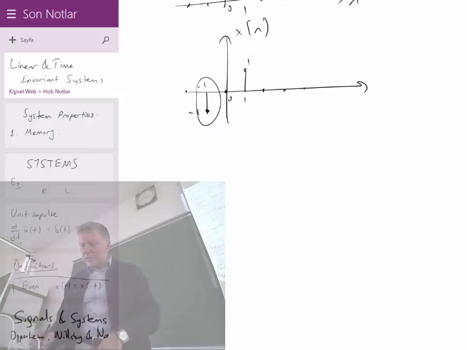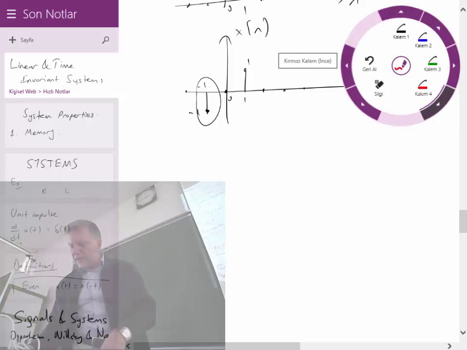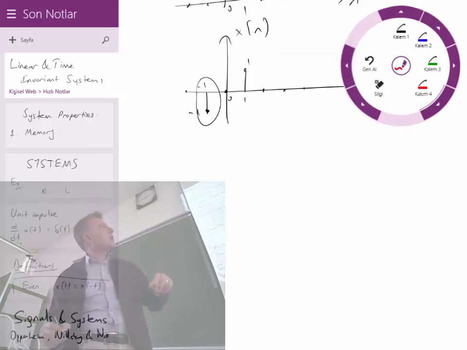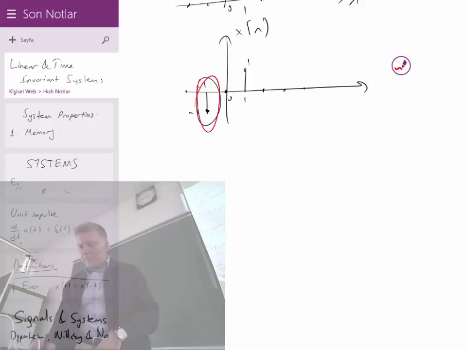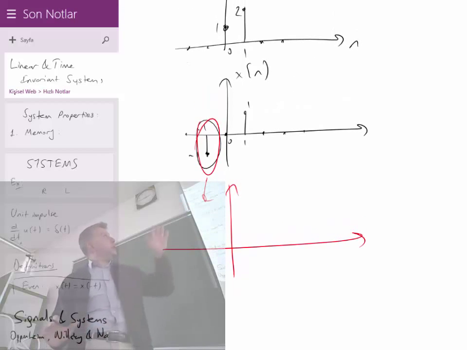The response to this first one, it may be a good idea to use color, but the color is not very visible from the projector, but it will be visible in the videos. So the red one will produce a response like this. The one shifted version of the top to the left, so it must start from -1, not from 0, but it must also be scaled by -1.